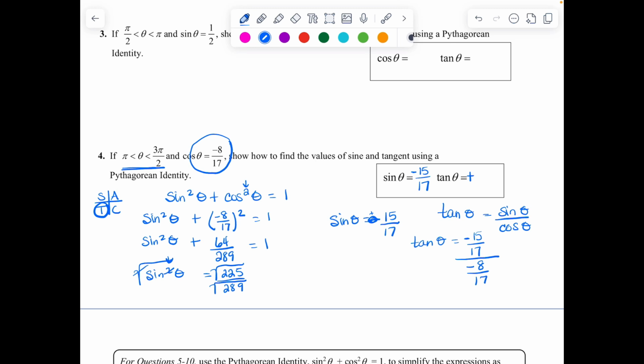Now we can use our strategies here: keep, change, flip, multiply by the reciprocal, 17 over negative 8. The negatives cancel, which is great. The 17s cancel to 1, and we're left with 15 over 8, and it is positive.